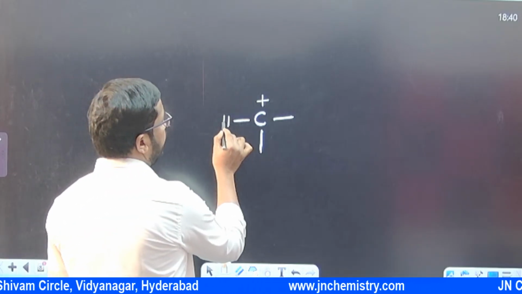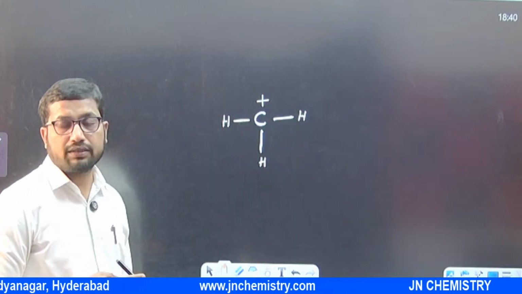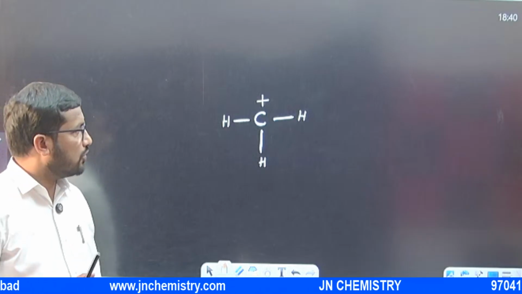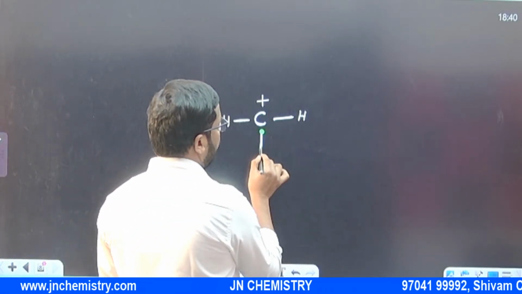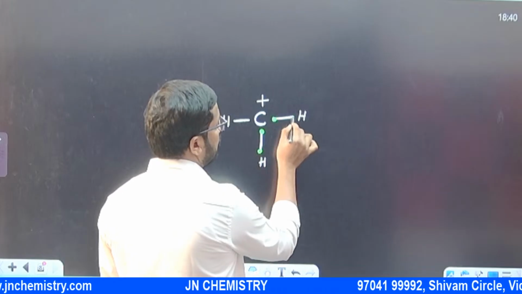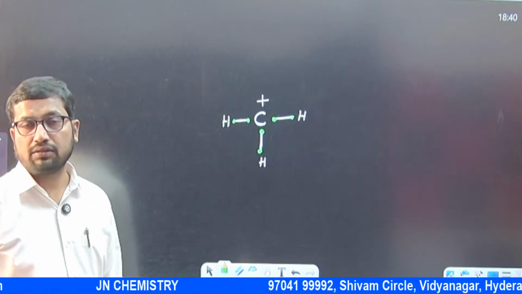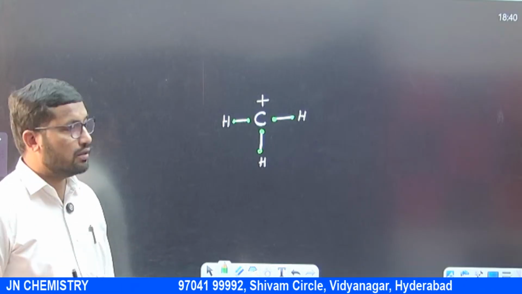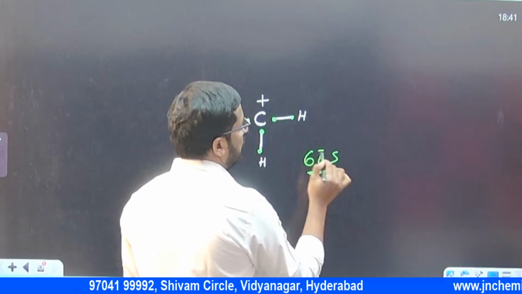Imagine I'm just taking hydrogen, hydrogen, hydrogen. How many bonds are there? 3 bonds. Each bond is having how many electrons? So in total, how many electrons is the carbocation having? 6 electrons.